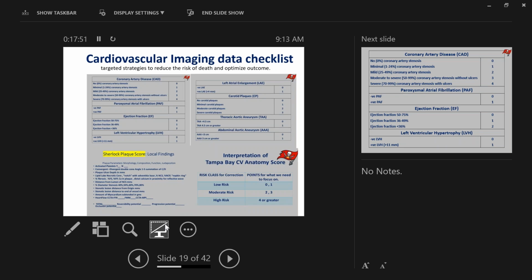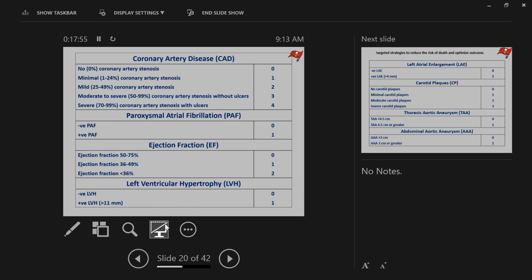And this is a composite, all on the same slide, but we can look at each individual component. We're looking at coronary artery disease, and we're grading it according to the CAD-RADS score, which is a score that's readily available, tried and true. And so we're doing that. We're looking at paroxysmal atrial fibrillation from a monitor, and that can be very helpful also.